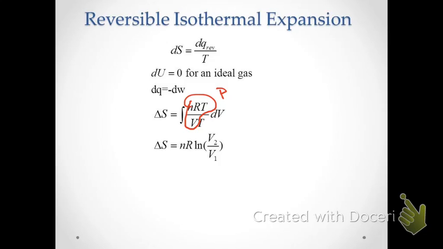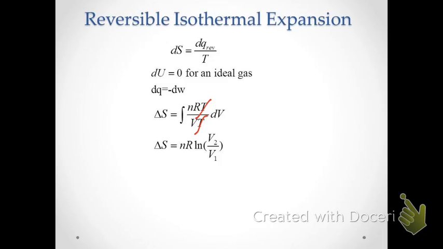So if we integrate this expression, of course, we end up with delta S being equal to nR natural log of V2 over V1, where, of course, the T's cancel out in the integration. If you go back and take a look at our discussion of work in an isothermal reversible expansion, there's a slight difference between the equation for work and the equation for entropy.